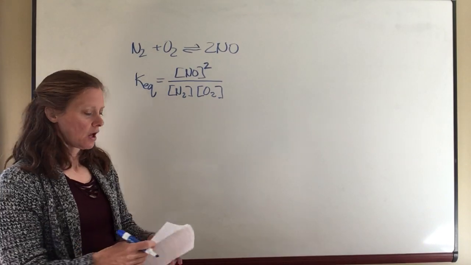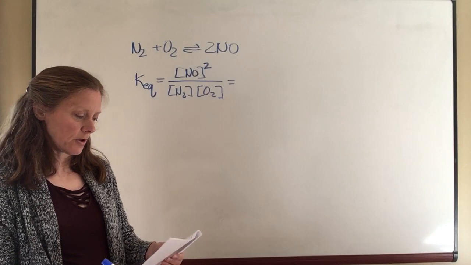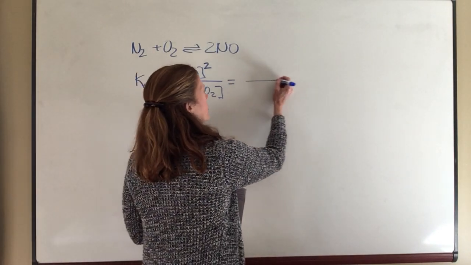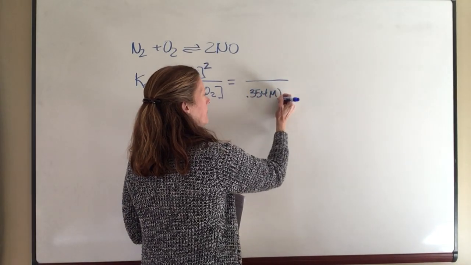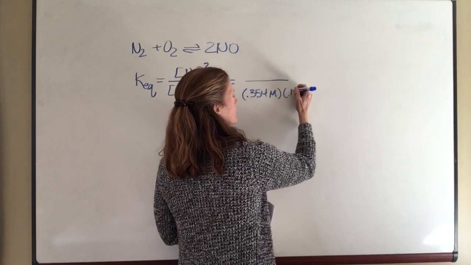so you'll have to pay attention to that as you go through this. So if we use the concentrations present at equilibrium that they give us, they tell us that nitrogen is 0.354 molar, so that will go down here. They tell us that oxygen is 0.124 molar.